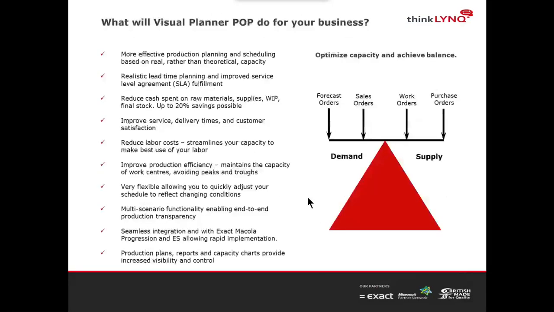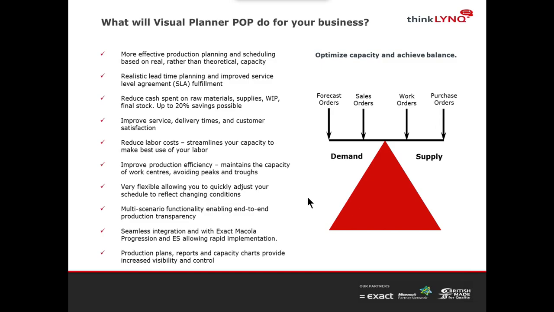So what will Visual Planner POP do for your business? Well, more effective production planning and scheduling based on real rather than theoretical capacity. It's going to help you have realistic lead time planning and improved service levels. You're going to reduce the cash that you spend on raw materials.